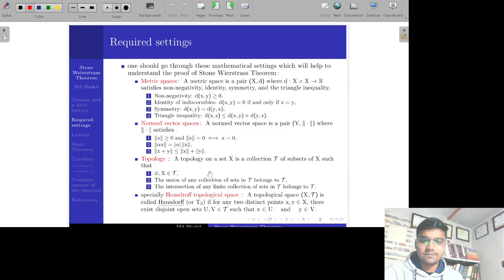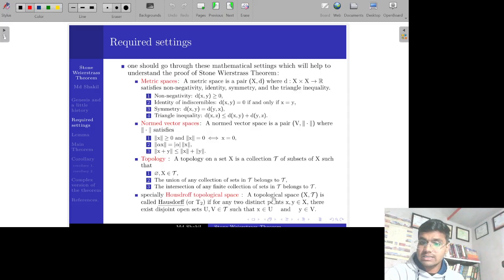Now we need a special kind of topological space. When we take X and tau together, then it is called a topological space. So we need a special kind of topological space here, that is called the Hausdorff topological space.